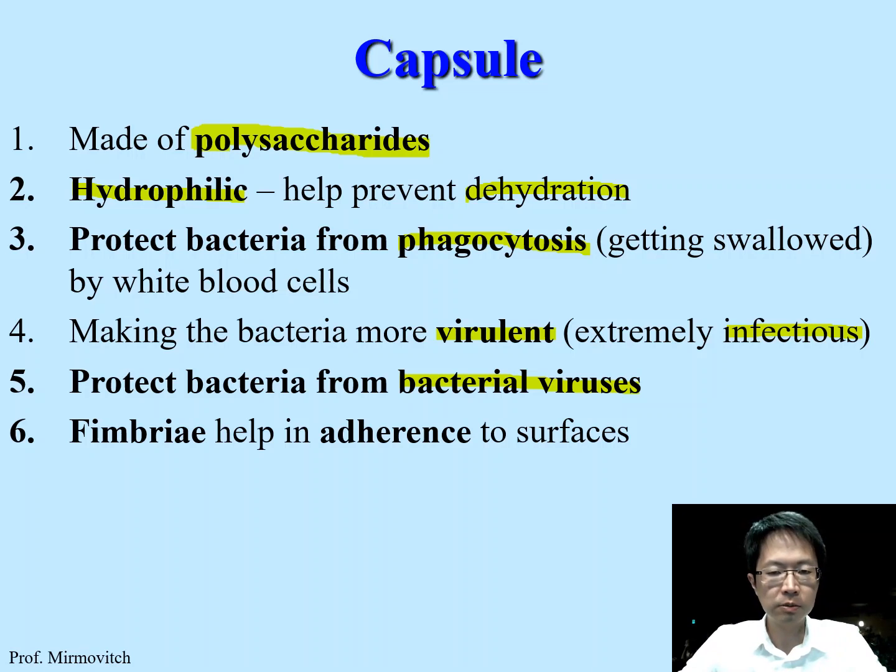The capsule also protects the bacteria from that. And last but not least, they have something called fimbria. They are finger-like structures or extensions from the capsule. It helps the bacteria to stick to surfaces, like the skin on your hand and so on.